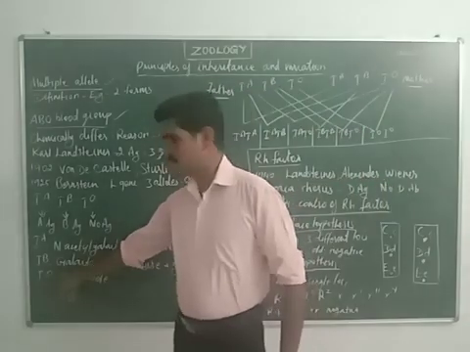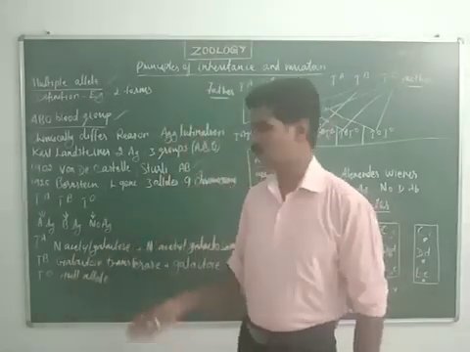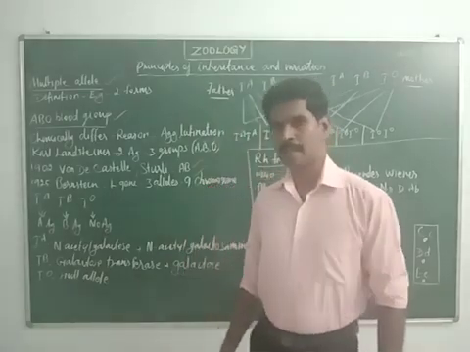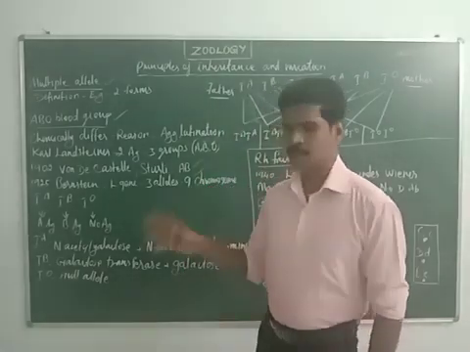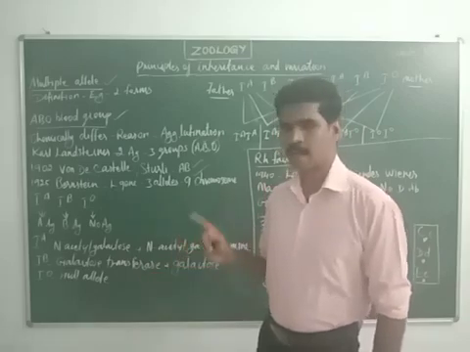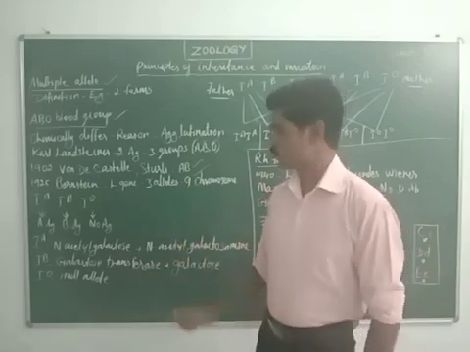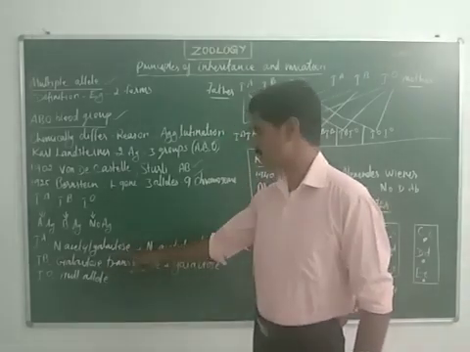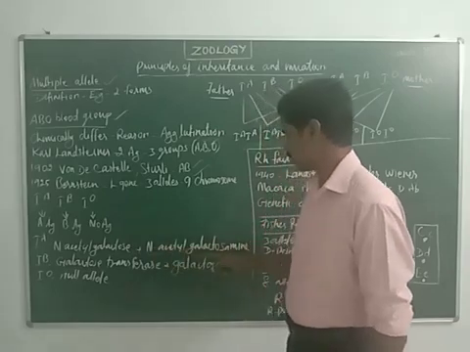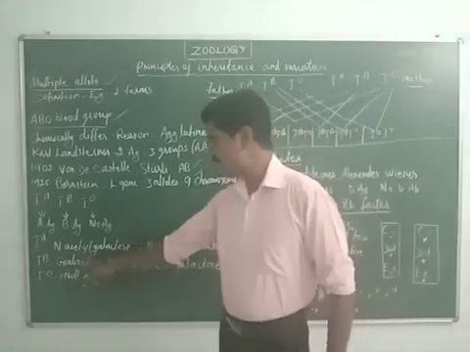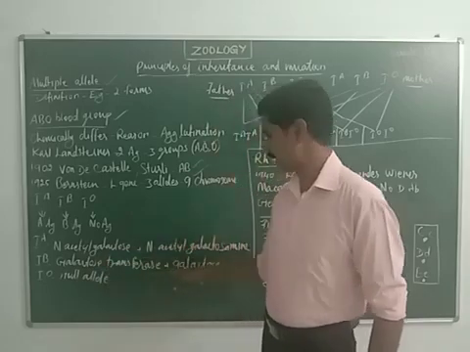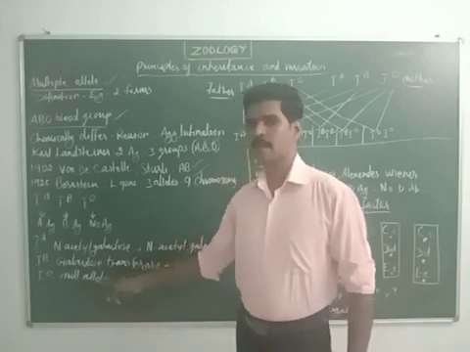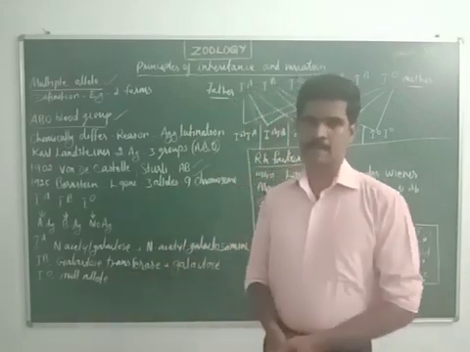Then the IO allele does not produce any enzyme, so the IO allele is called a null allele. So once again, there are three alleles: IA, IB, and IO. The IA allele produces an enzyme and adds N-acetyl galactosamine. The IB allele produces galactose transferase and adds galactose. The IO allele does not produce any enzyme, so it is called a null allele.